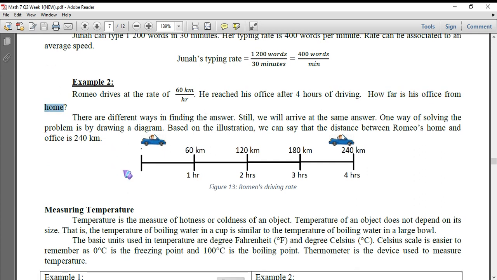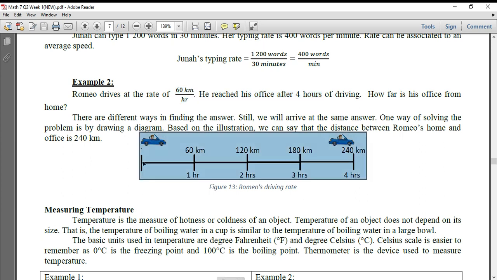So, kaya malalaman natin, sa 1 hour ay nakaka 60 kilometers siya. Diba? So, kung 4 hours yun, ilang kilometers? Diba? So, ito illustration natin.